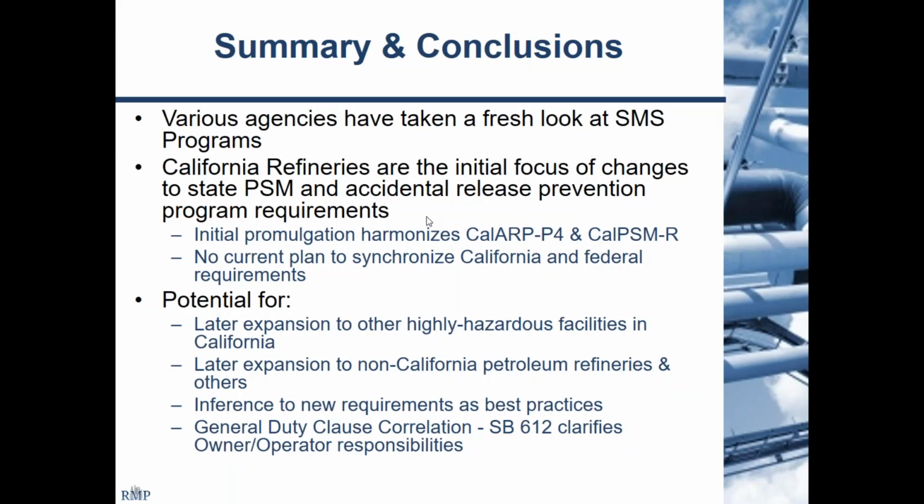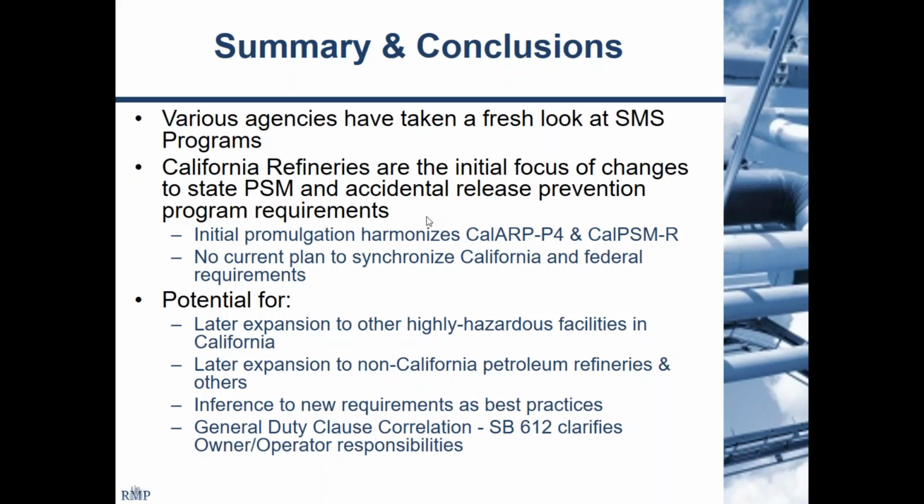The initial promulgation of these regulations harmonizes, and the regulators have used the term harmonize for this. They're not synchronized and they're not exactly identical, but they're not in disagreement either. Some have slightly different requirements compared to the others. And as the coordinator, to make sure you maintain compliance, you want to be aware of that.